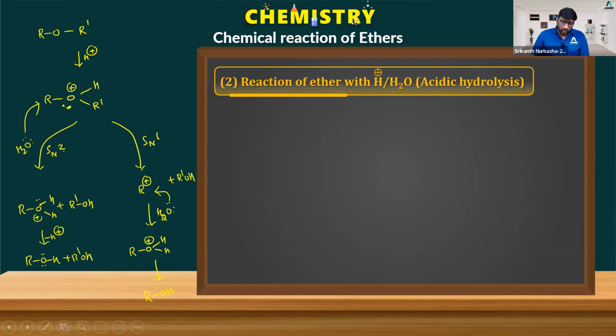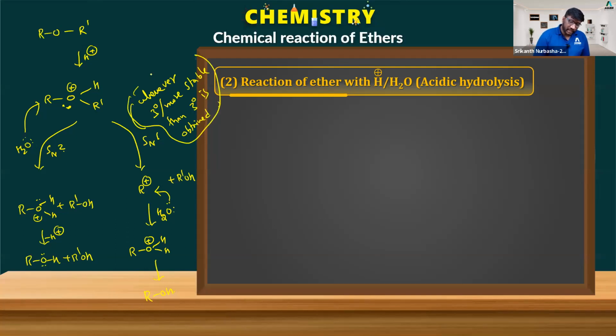SN1 means whenever you have to generate a 3 degree carbocation or one more stable than 3 degree. When you are getting a 3 degree carbocation or more stable than 3 degree, then you have to go with the SN1 path.